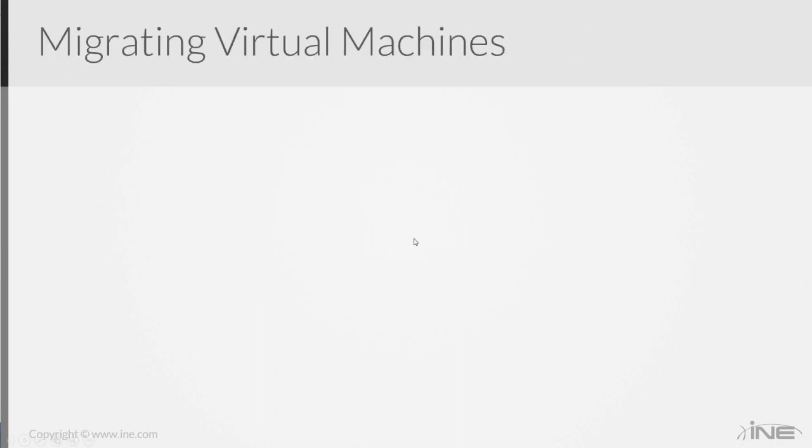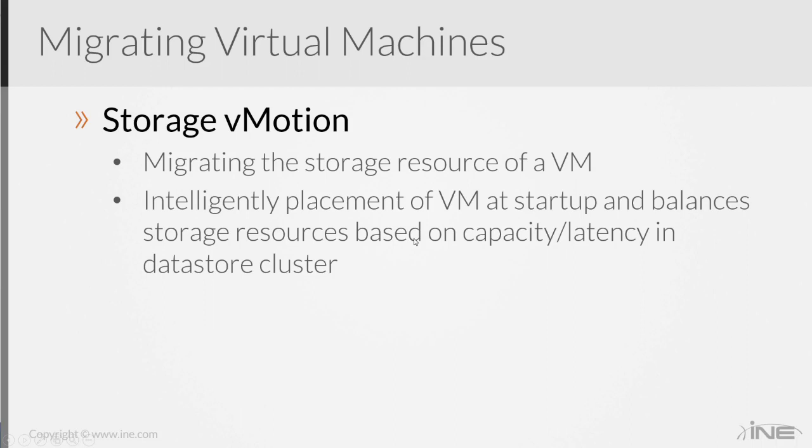So next here we have Storage vMotion, or Storage vMotion migration. Storage vMotion is the process of migrating the virtual machine files from one data store to another data store. There are a couple of reasons why we may want to do this. We may need to move our virtual machine files in order to balance the load or to migrate to a new storage system.